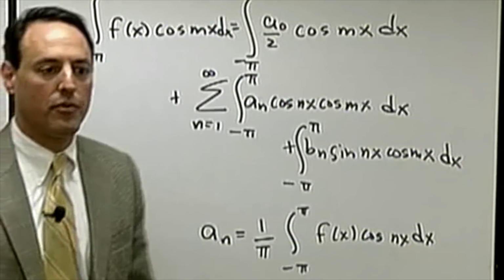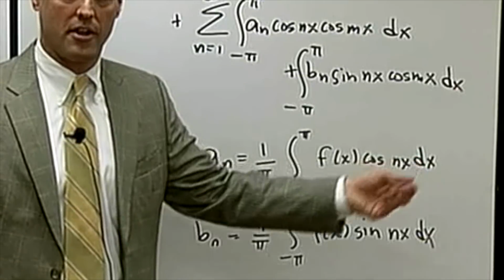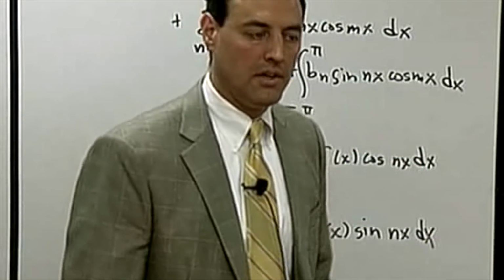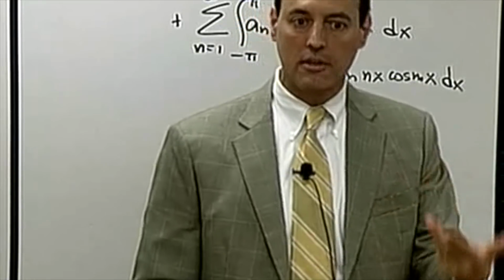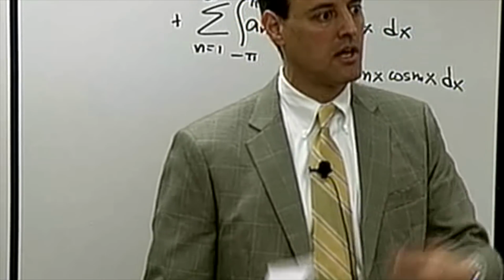There you go. Those are the Fourier coefficients. You just use your orthogonality property, you pull these things out. That's the basics of Fourier analysis in many ways. You just say, I want to represent a function as a sum of cosines and sines. How do I do it?